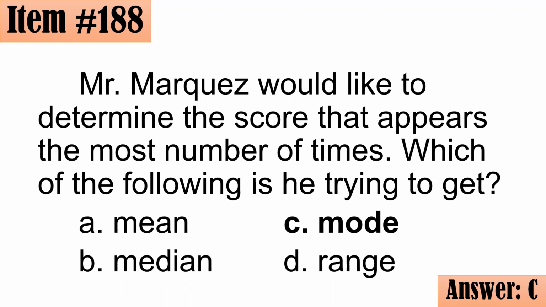And usually you could take the mean of a data set if it's either interval or ratio data. Yung median naman po ay ginagamit natin, no, to separate or to divide the data set into two equal parts, the bottom 50% and the upper 50%. When we speak about the range, if we have numerical data, it is the difference of the highest score and the lowest score. So letter C, mode.